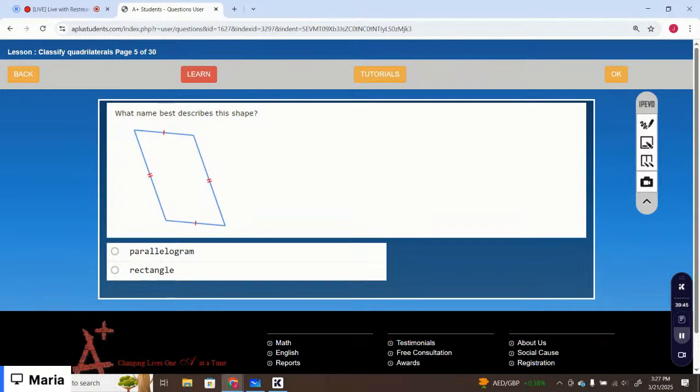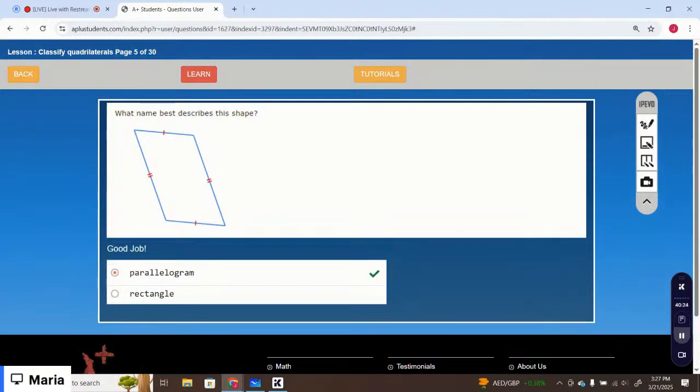What name best describes this shape? Parallelogram, rectangle. So the correct option is parallelogram. It is because the opposite sides are parallel, so that is a parallelogram.